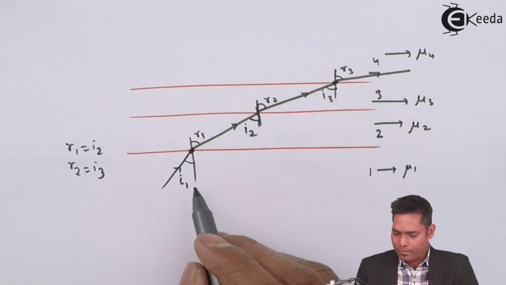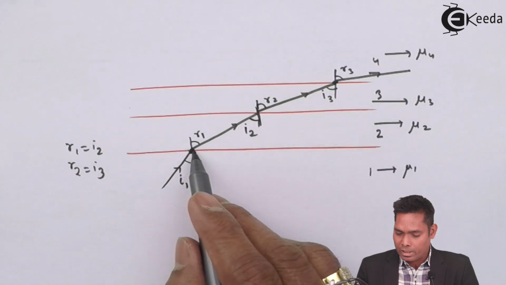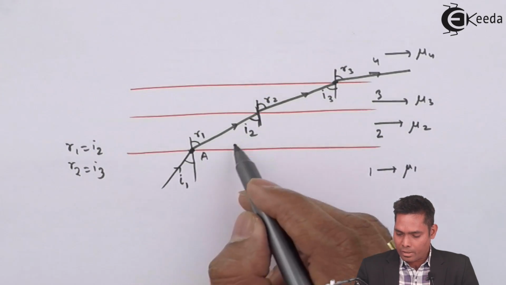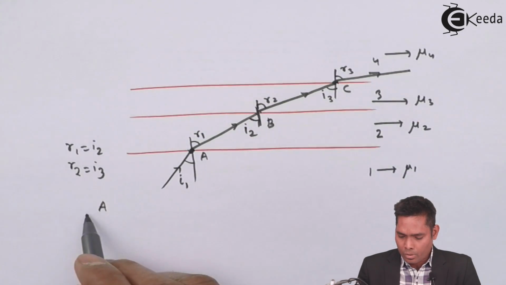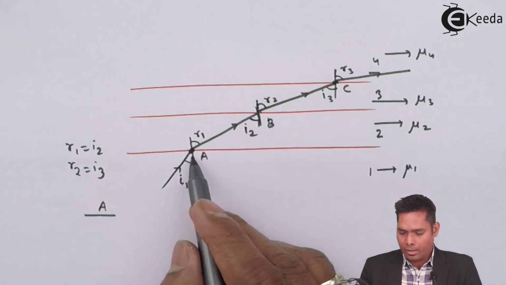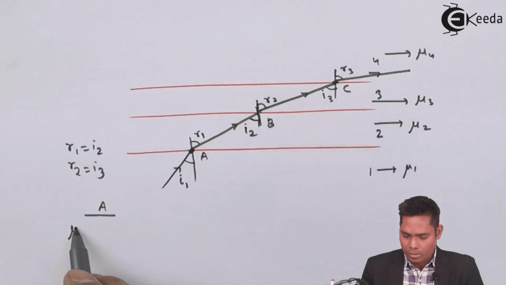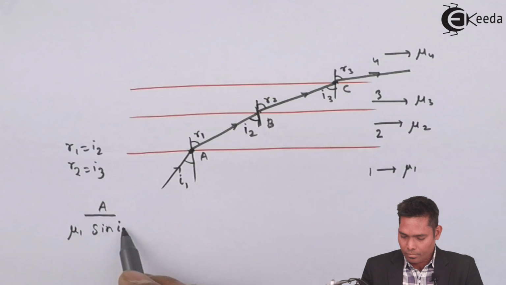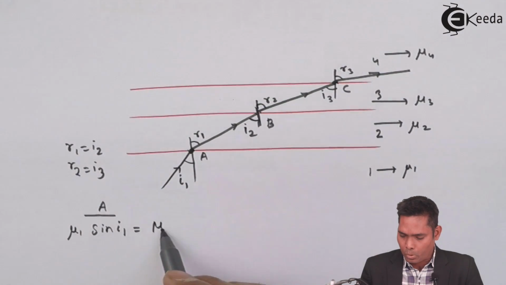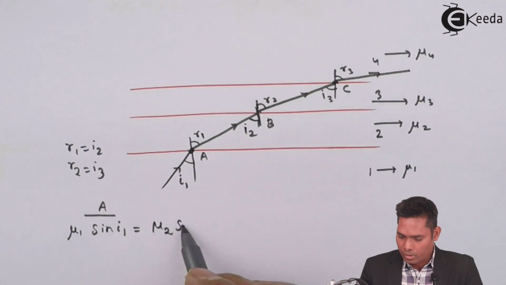See what we are getting. Suppose this point is A, this point is B, and this point is C. If I apply Snell's law to the point A, then I'll write mu1 sin I1 will be equal to mu2 sin of R1.